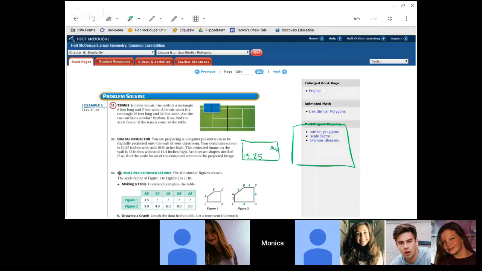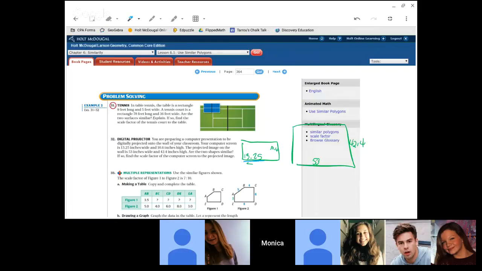And then it says that the wall is 53 inches wide and 42.4 inches high.